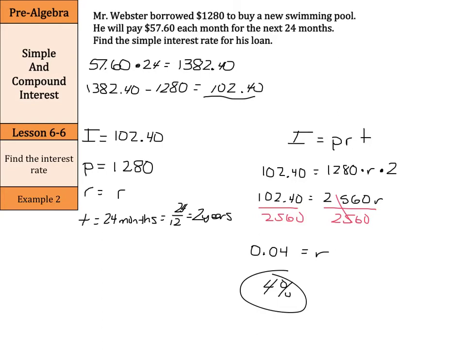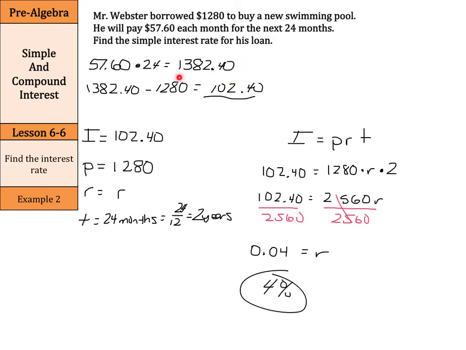So if we go back and take a look at what we did, he borrowed $1,280, and that was our principal. He paid $57.60 for 24 months. So his total payments came to $1,382.40. But we needed to figure out how much in interest he actually paid.